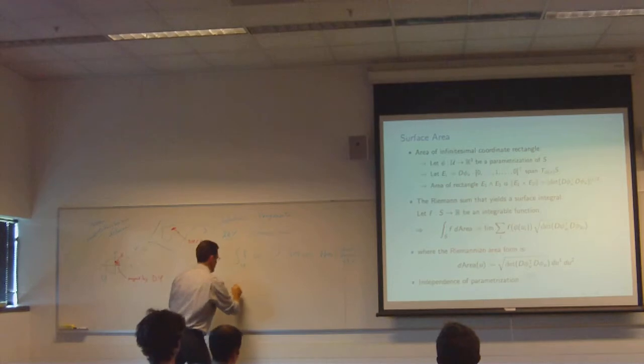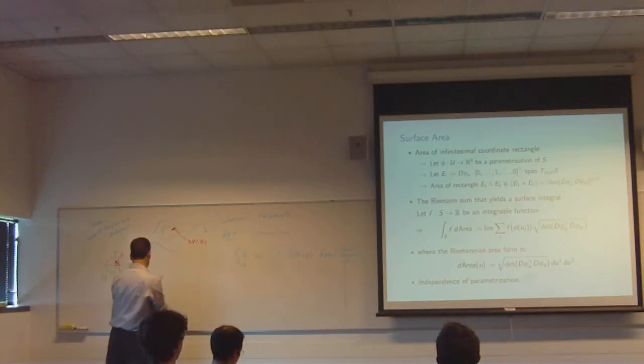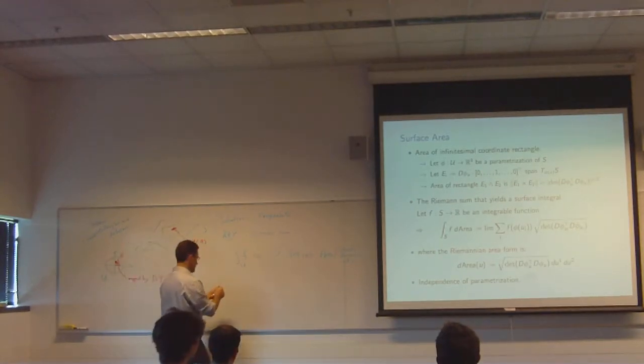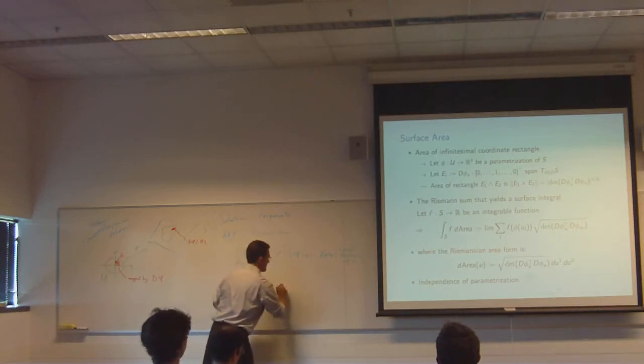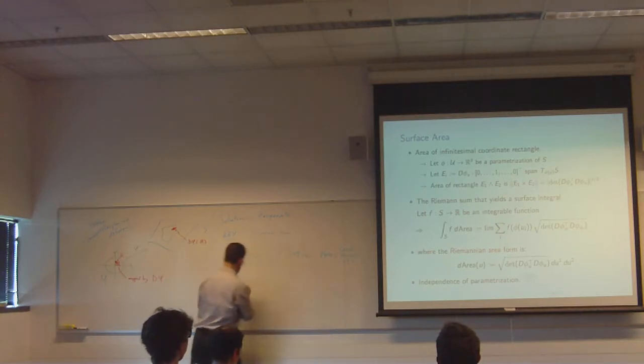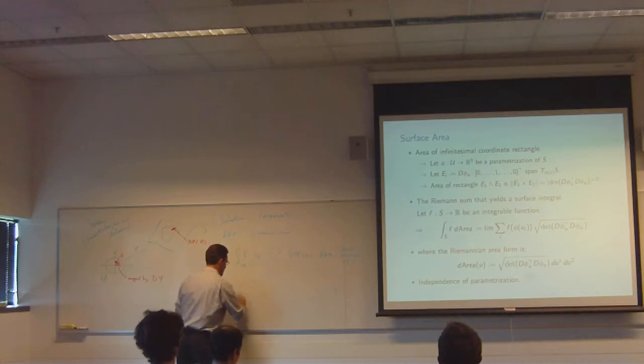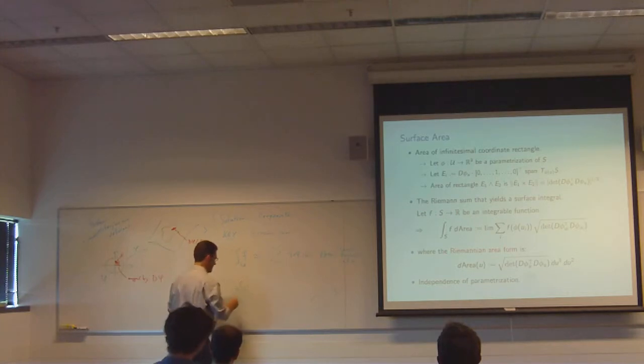Let me just draw the picture. Here's my surface, as usual. And over here in the coordinate chart, what I've done is I've broken the coordinate chart up into lots of small little rectangles.